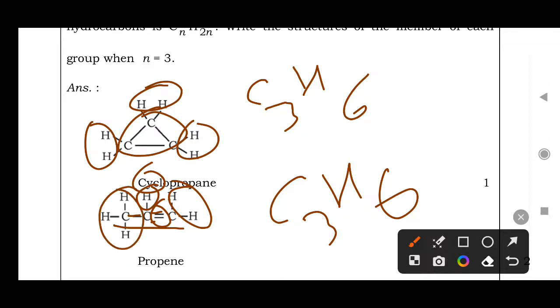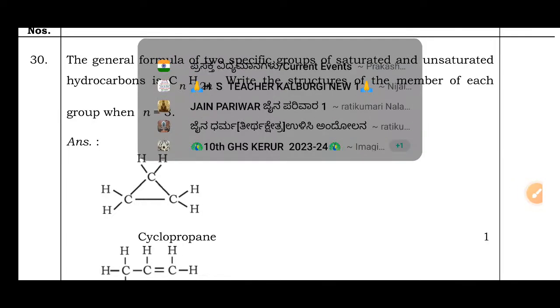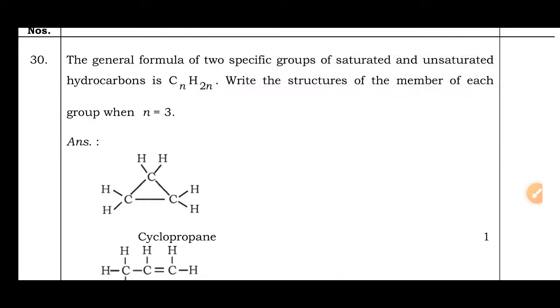For the last carbon we give 4 bonds with 3 hydrogens. That's why propene and cyclopropane both have the same molecular formula but different structural formulas.